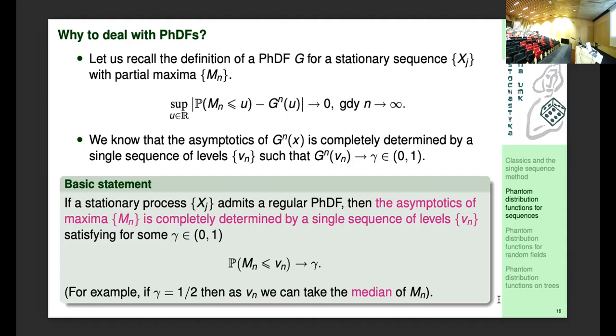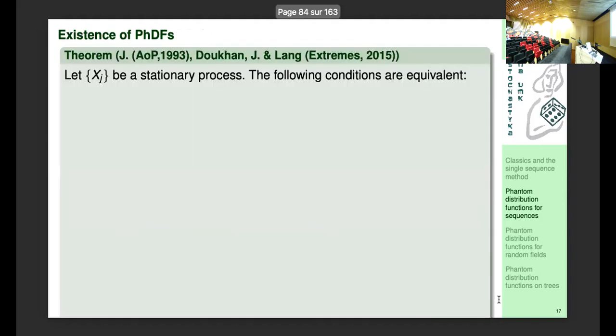For example, if gamma is one half and the distribution function F is continuous, then we can take the median of maxima. It's obvious that such a sequence does exist. So of course we have this sequence in some situations for free, and it's necessary to check some other conditions, but the conditions are not demanding.